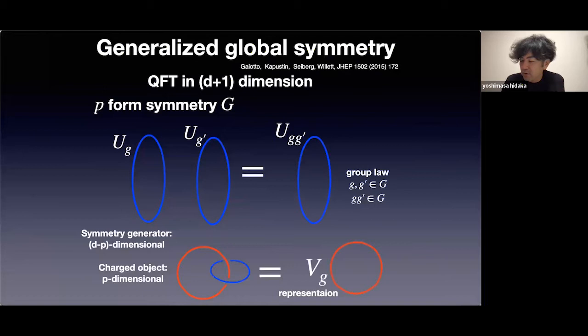Then the transformation rule is: if the charged object and the symmetry generator are linked, that gives you some transformation. That is some kind of generalization. So now the charged object is somewhat extended.